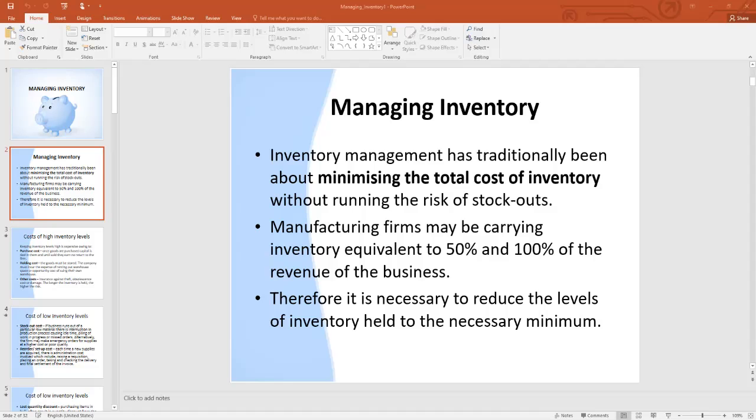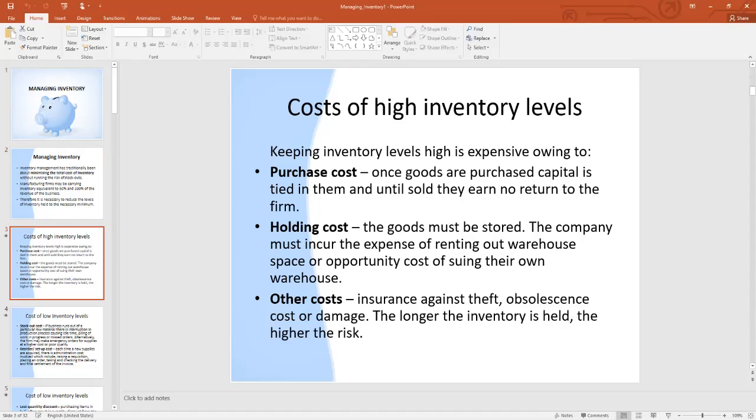Of course, having high level inventory comes at its own cost. They have, in quotes, some advantages, but at the same time they have their own costs. One is the purchase cost, which will be more or less the same whether you keep high inventory levels or low inventory levels.